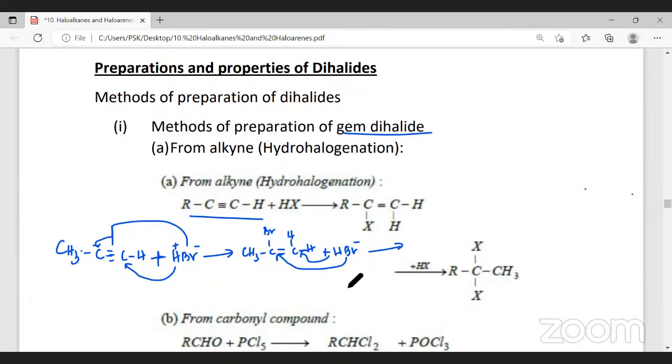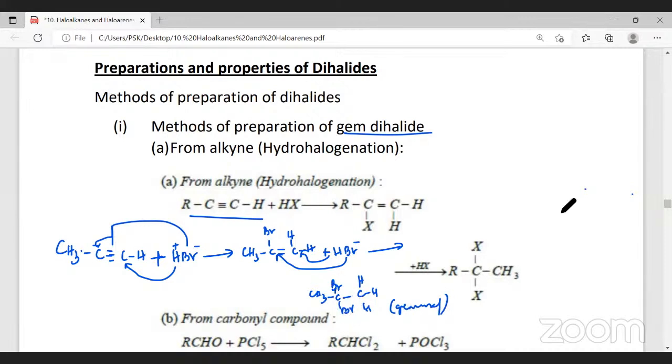So what do you get? You get CH3, CBr. Here also you get Br. You have a single bond now, H, H, and H. See, both the bromine atoms are present on the same carbon atom. Therefore, this will be called a geminal dihalide.